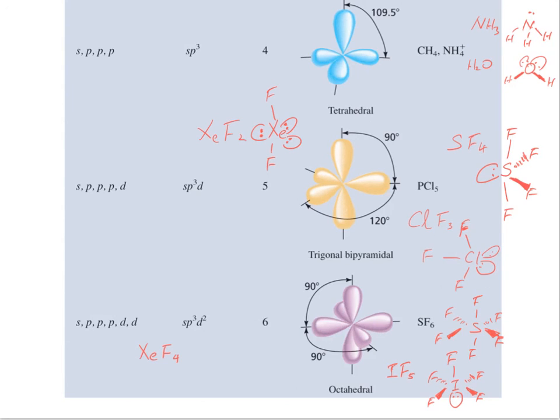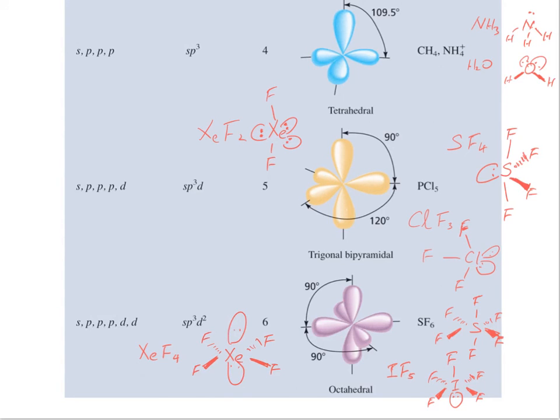The arrangement of these four bonds and two lone pairs is octahedral, with lone pairs on top and at the bottom and the four bonds in the central plane.